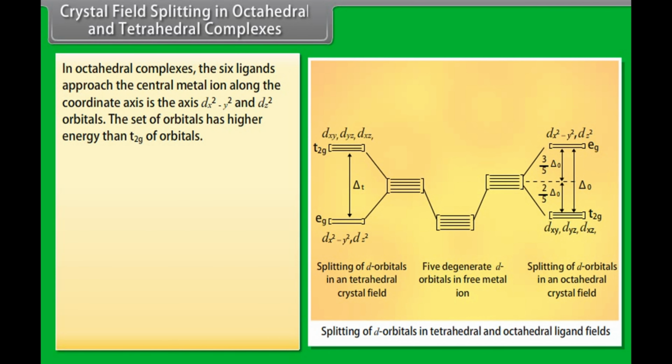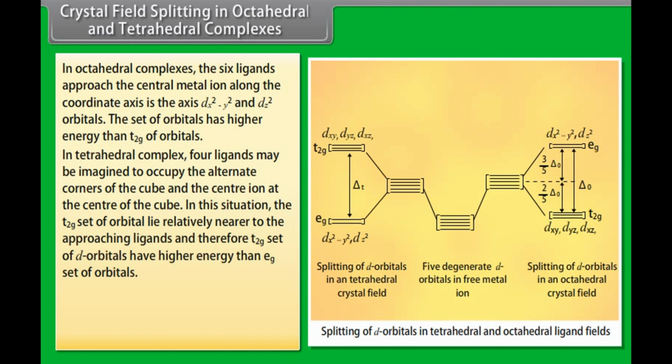Crystal field splitting in octahedral and tetrahedral complexes. In octahedral complexes, the 6 ligands approach the central metal ion along the coordinate axis, that is the axis of dx2-y2 and dz2 orbitals. This set of orbitals has higher energy than the t2g set of orbitals. In tetrahedral complex, 4 ligands may be imagined to occupy the alternate corners of the cube and the central ion at the center of the cube.